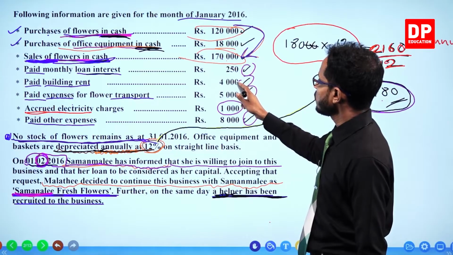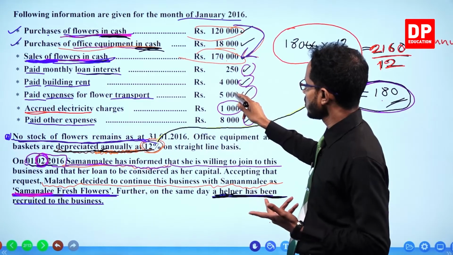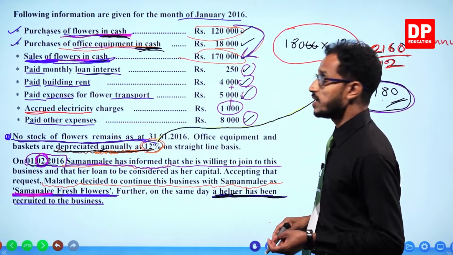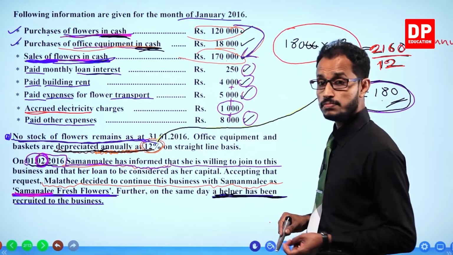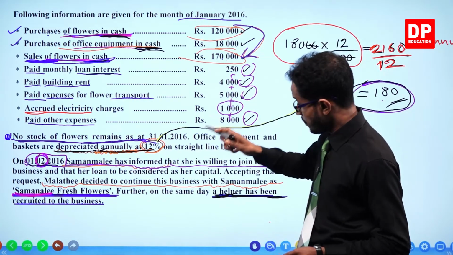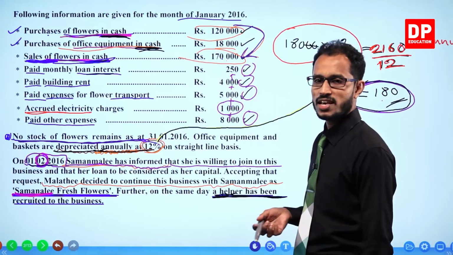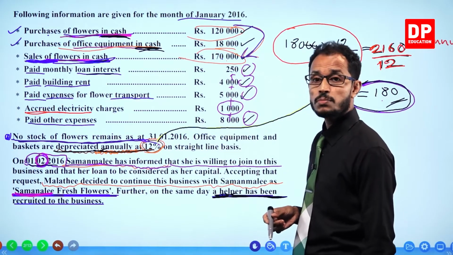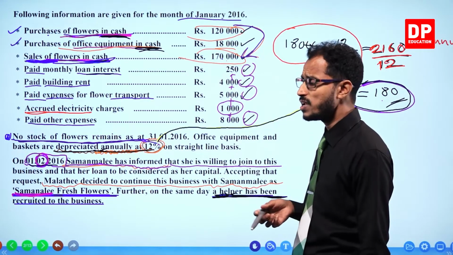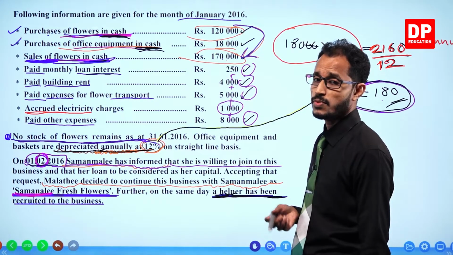Let's take all these. Let's add the full amount. 4,000 plus 5,000, 9, plus 9,000, plus 1, 10,000, plus 8, 18,000, plus 250, 18,250, plus depreciation. We didn't take depreciation to the cash expenses, but we must take depreciation to the profit or loss because of the accrued basis. Accrued expenses too must be considered when calculating the profit or loss.